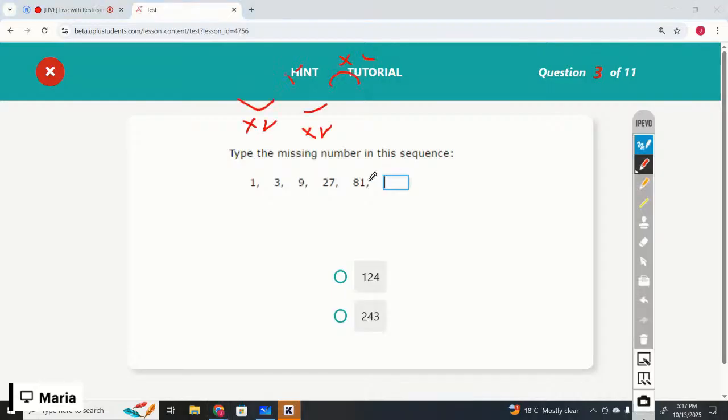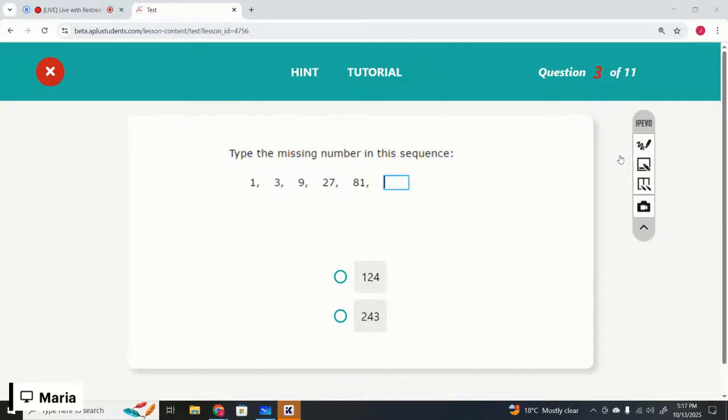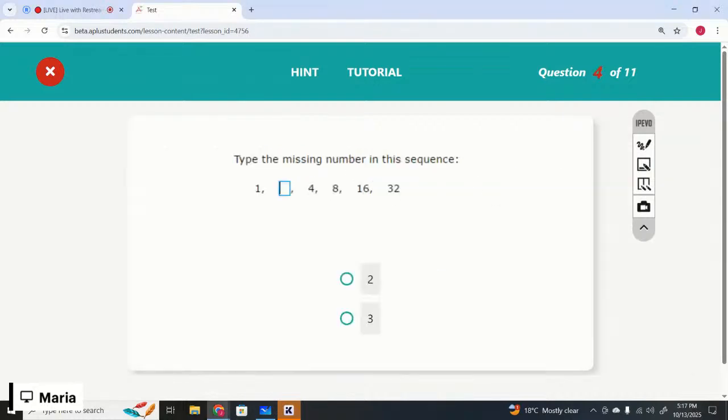So you need to multiply the last number by 3 to get the new one. So that is 3 times 1 is 3 and 3 times 8 is 24. Option number 2 is the correct option.